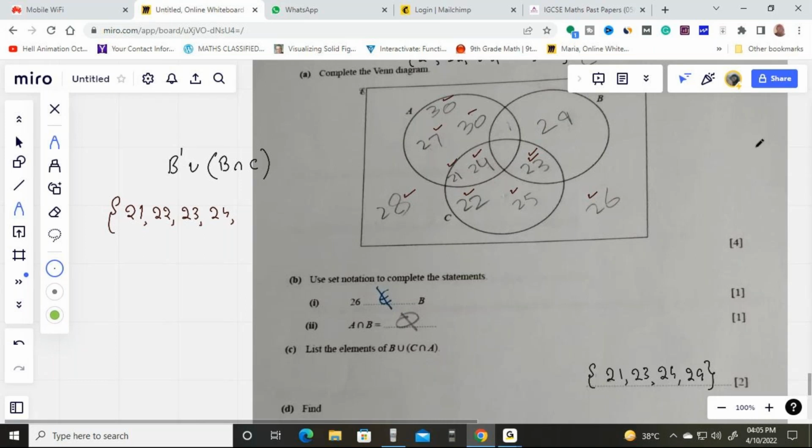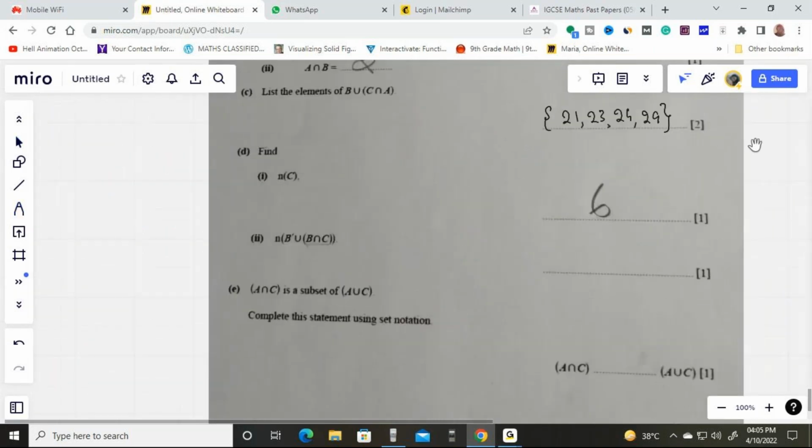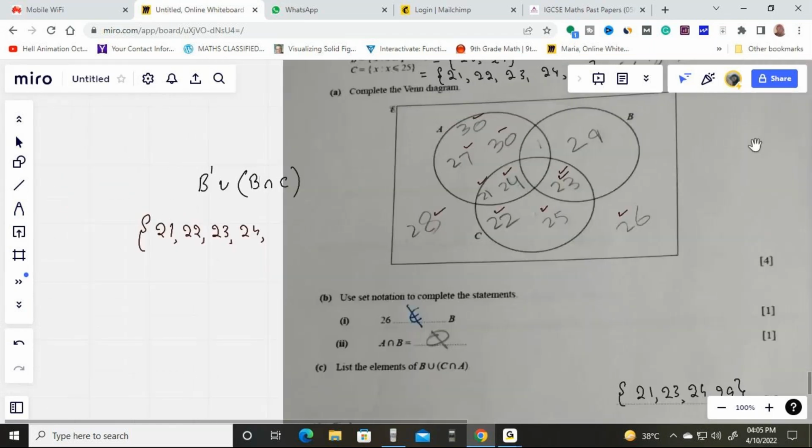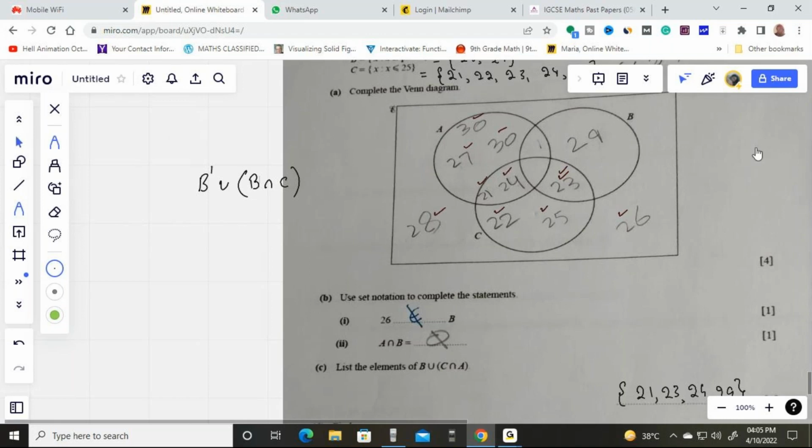You don't need to add. Actually, you need to count how many there are. If you don't want to write in a set, that's okay. Simply count these numbers and write how many there are. If you are not interested, no issue. That's extra work I was doing for your convenience. You can cancel that. It's 1, 2, 3, 4, 5, 6, 7, 8, 9, 10. So there are 10 elements.